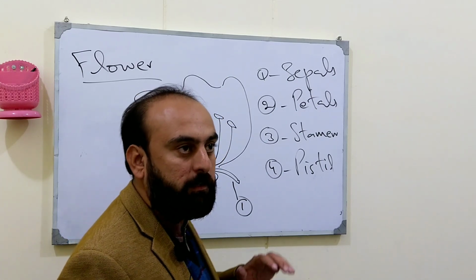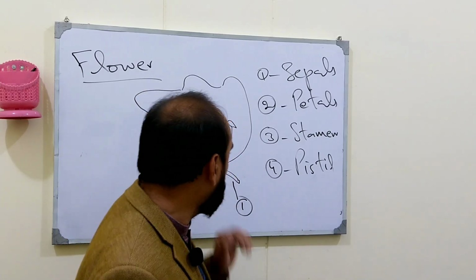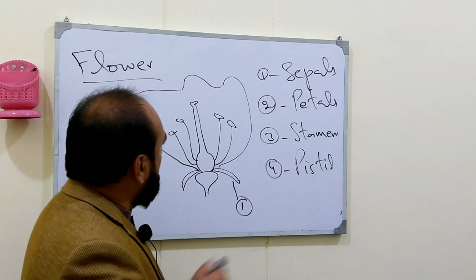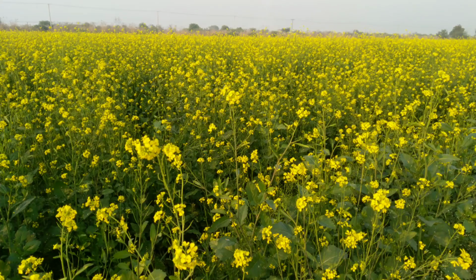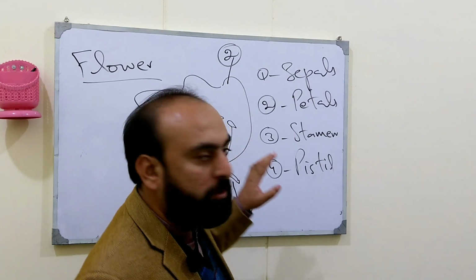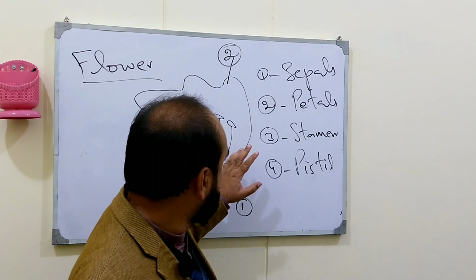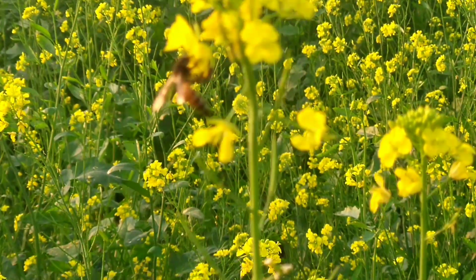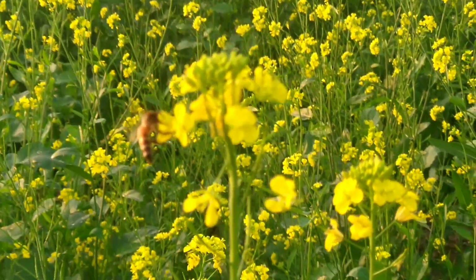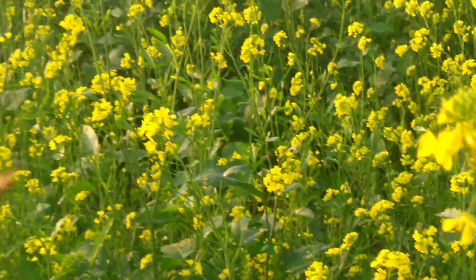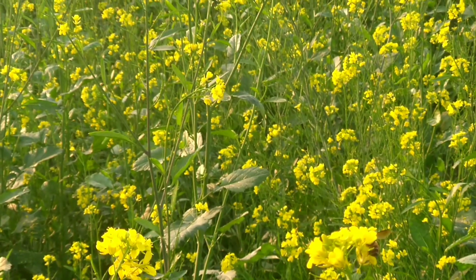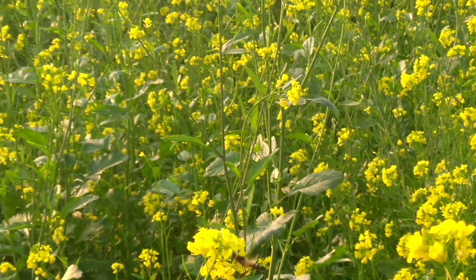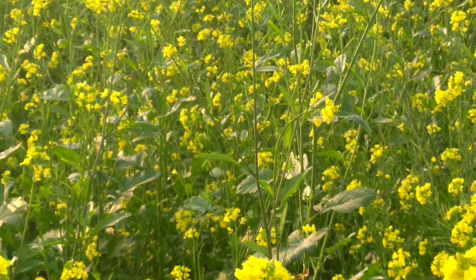However, after the opening of the bud, they appear small. The petals are the colored part of the plant. This colored showy part of the plant functions to attract the pollinators, and sometimes they also provide partial protection to the reproductive structures that are stamen and pistil.